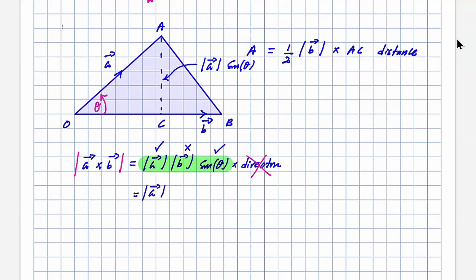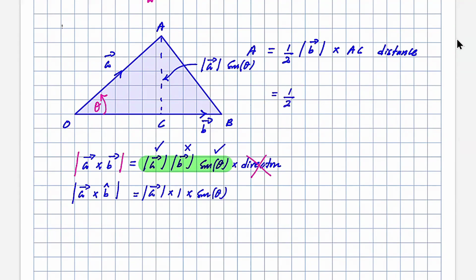We introduce B hat there. Then mod B hat is going to be 1, isn't it? You okay with me? So now you can see A sine theta, which is the part we need, which is AC, we got.